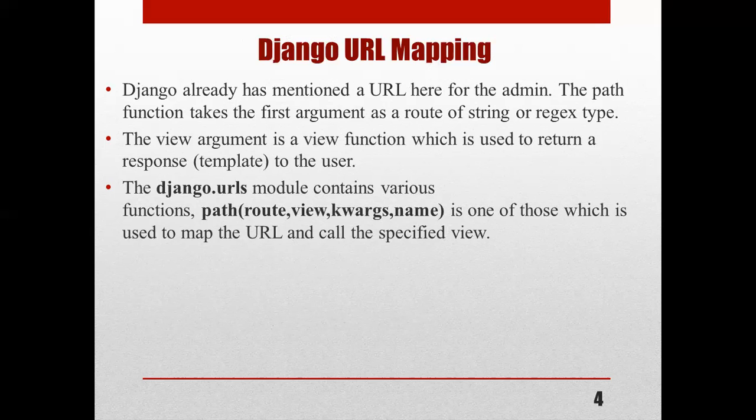Then the django.urls module contains various functions, like the path function here. The parameters for the path function are route, then view, then arguments, and the name. It is used to map the URL and call the specified view.